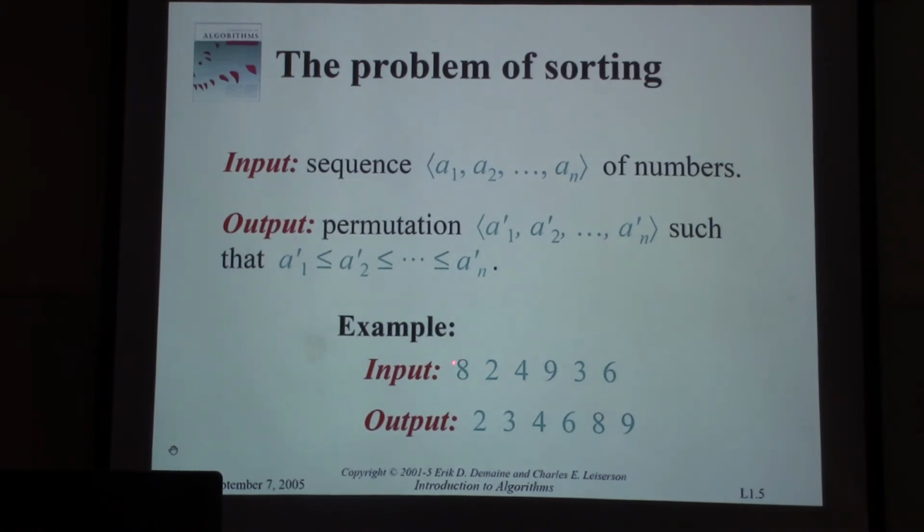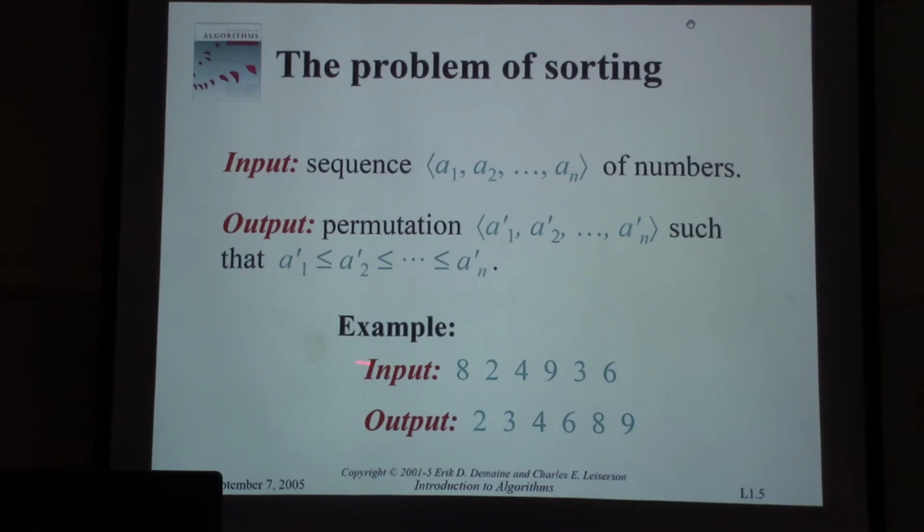So if you look at 8 with respect to 9, they are okay, correct? But notice that the numbers 2 and 4 and 3 and 6 should be to the left of 8.